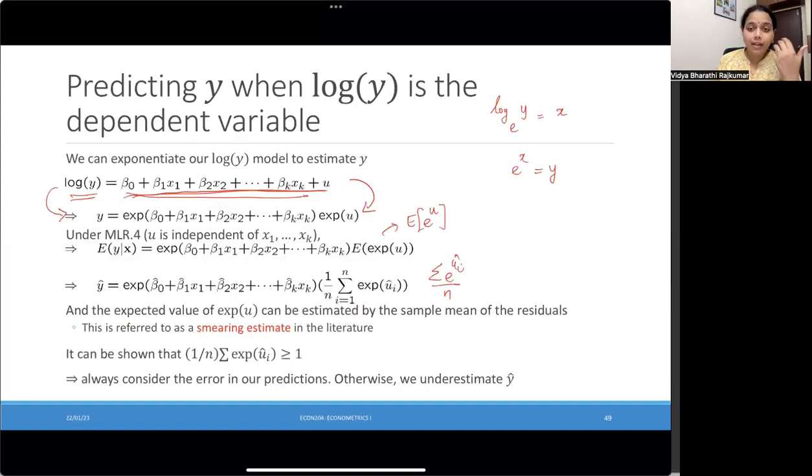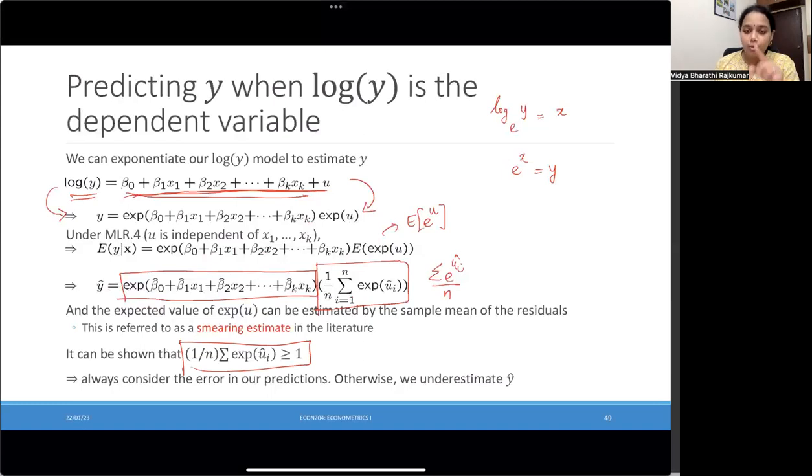Now, when we're trying to predict y when it is measured in logs, if we just compute this part alone, if we only take the exponent of just the predicted regression line, we're going to run into a problem. Why? Because we're ignoring this term here. And we shouldn't ignore that term because mathematically we can show that it is greater than or equal to 1.